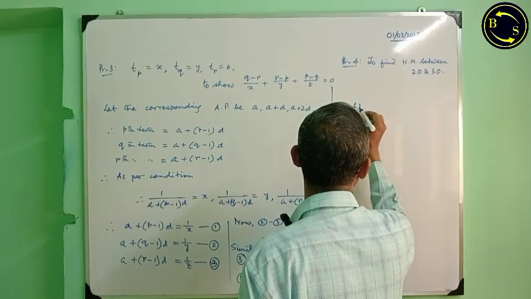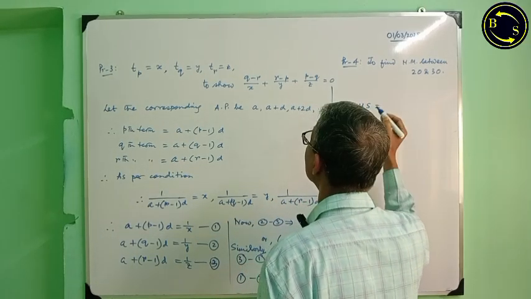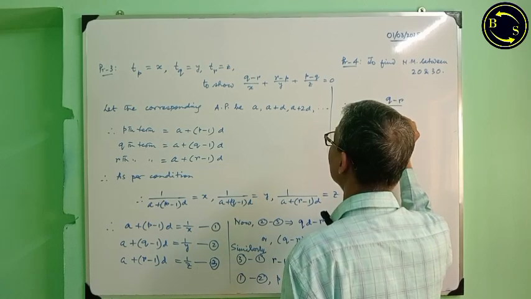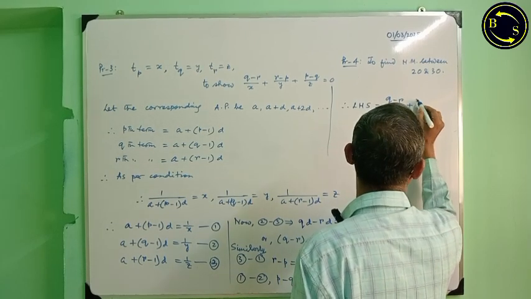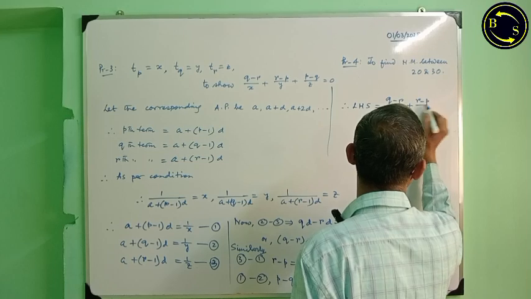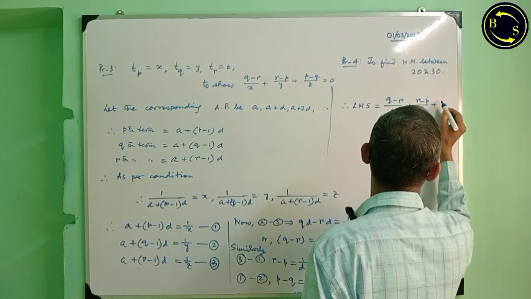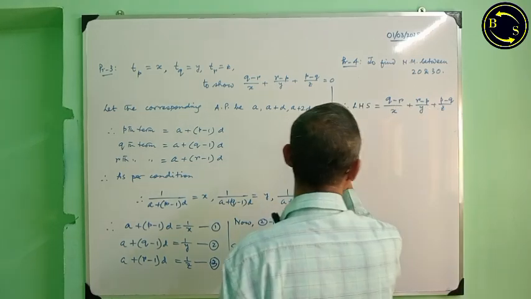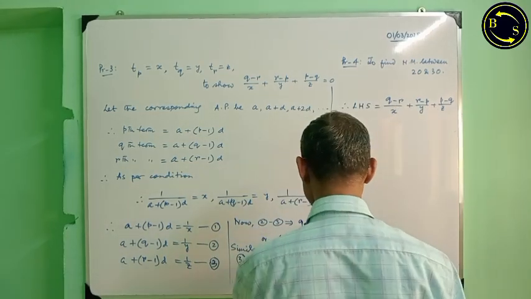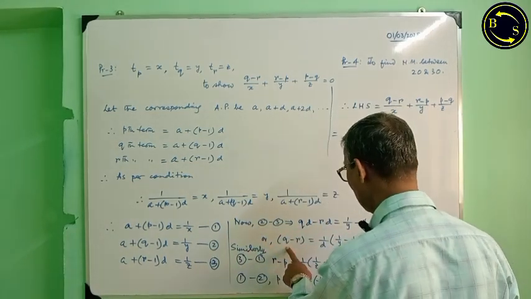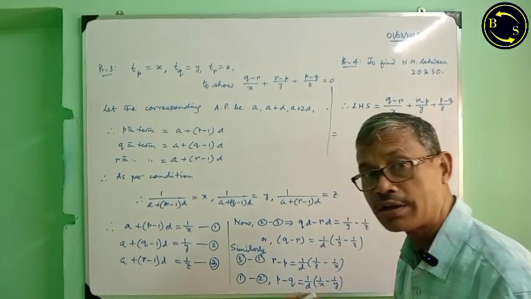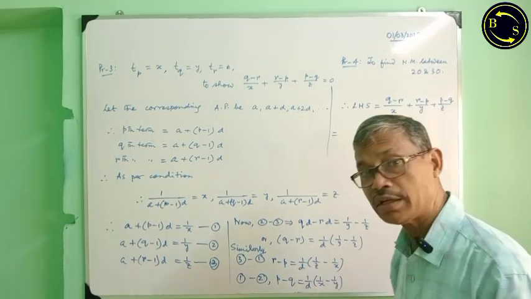Therefore, LHS is equal to (q minus r) by x, (r minus p) by y, (p minus q) by z. Already we have got q minus r. Another thing you note, 1 by D is there as a common factor.